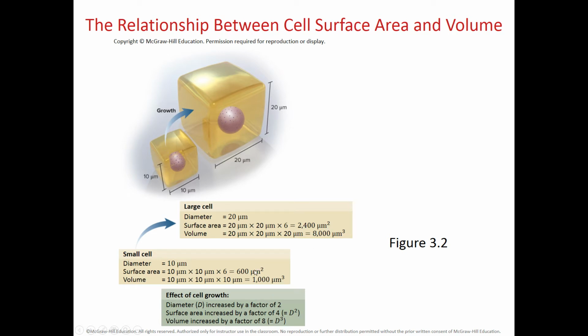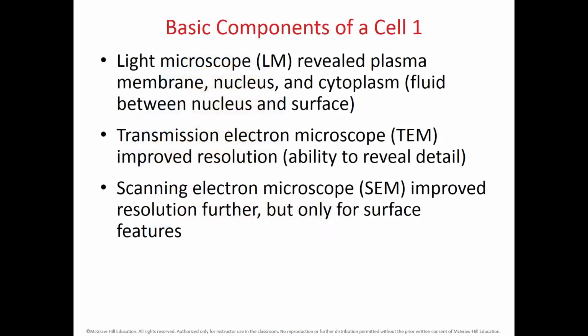And then the volume of 1000 can be increased by a factor of 8. So 1000 will give you a volume, if you increase just the diameter by a factor of 2, of 8,000 cubic micrometers.